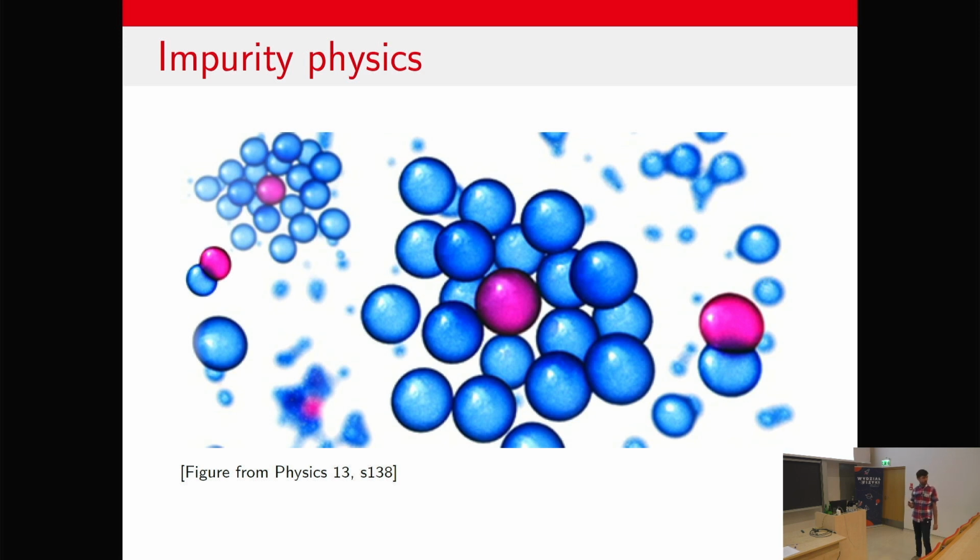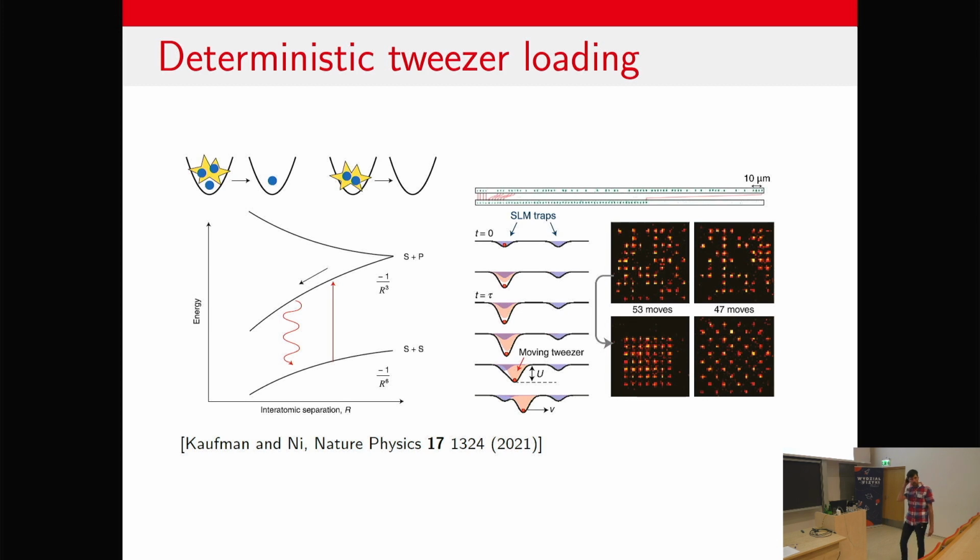Then in the last part, I will be on time, I will sketch one application in slightly more detail, not quantitatively, because it's maybe a little bit less obvious: the idea of using this for deterministic loading of optical tweezers with molecules. So let me give a bit of an introduction to what the problem here is.